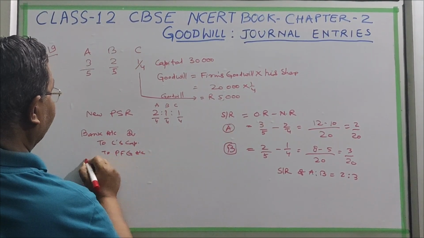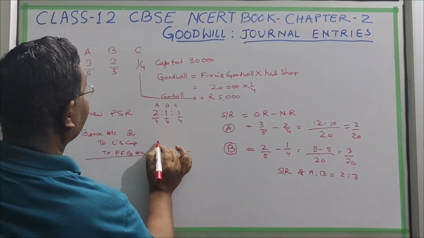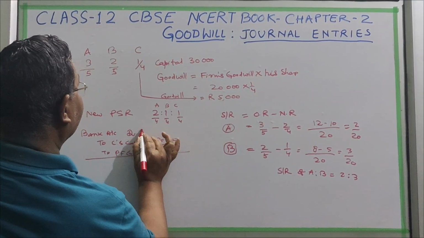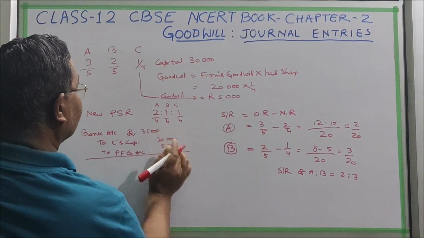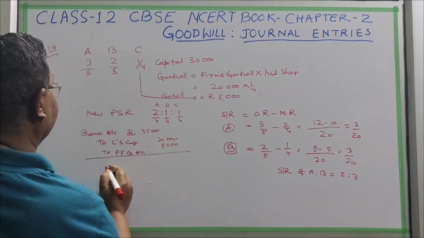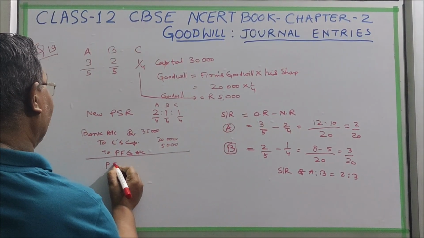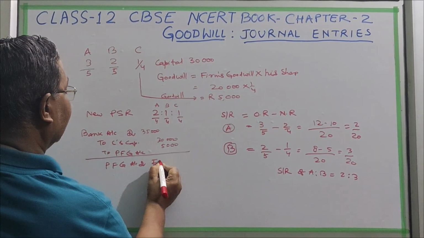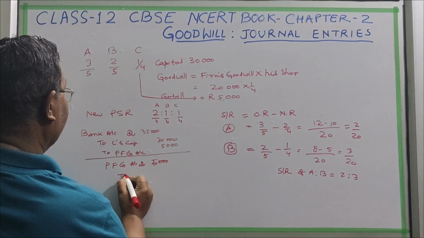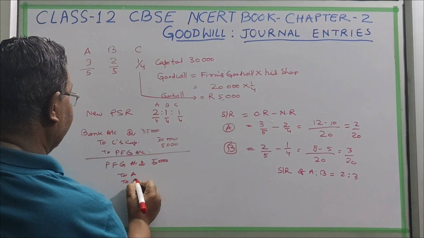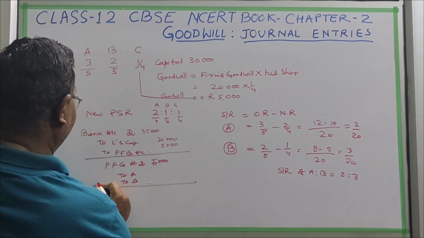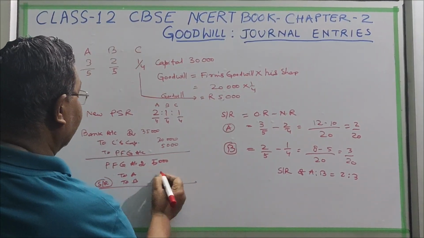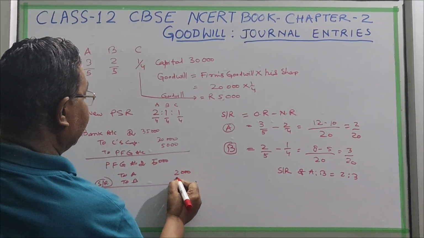This is 30,000 and 5,000, so 35,000 has come. This amount will go to A and B. Premium for goodwill account debit 5,000 to A and to B, divided in the sacrifice ratio 2:3. So A will get 2,000 and B will get 3,000.